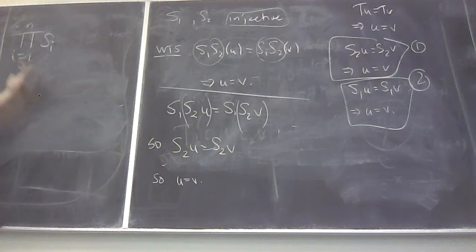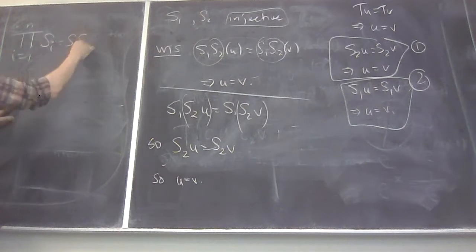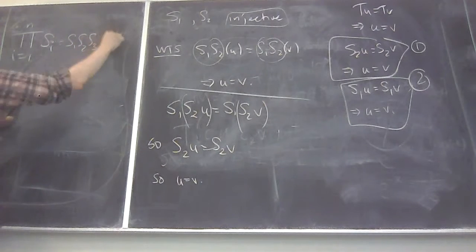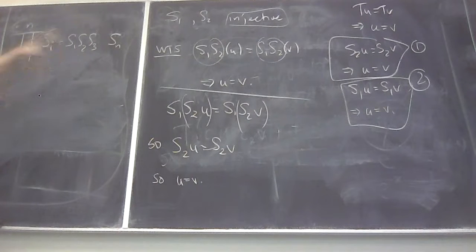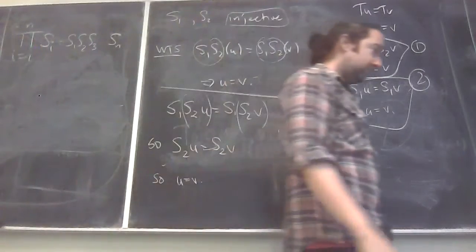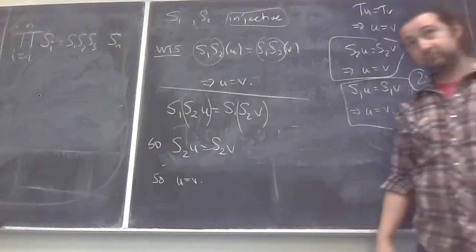In the same way that you use sigma notation to record a sum, this means plug in the first thing, then multiply the second thing, then multiply the third, and keep doing that until you get to n. You could use this symbol if you wanted to, because in the space of linear maps, multiplication is composition. So this is perfectly good big pi notation, as we call it.